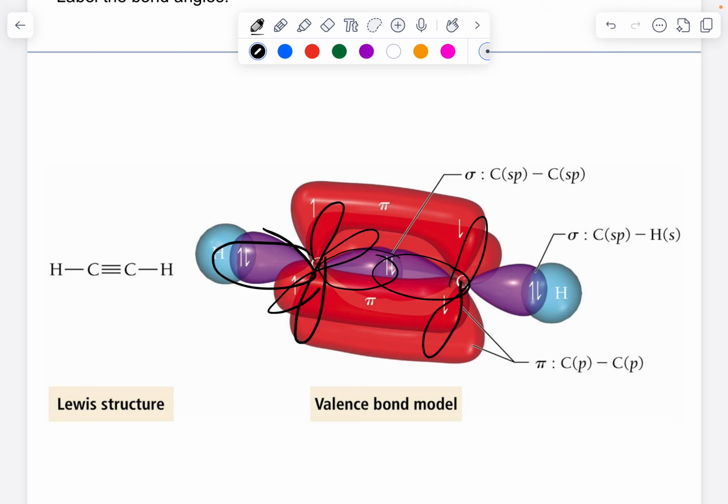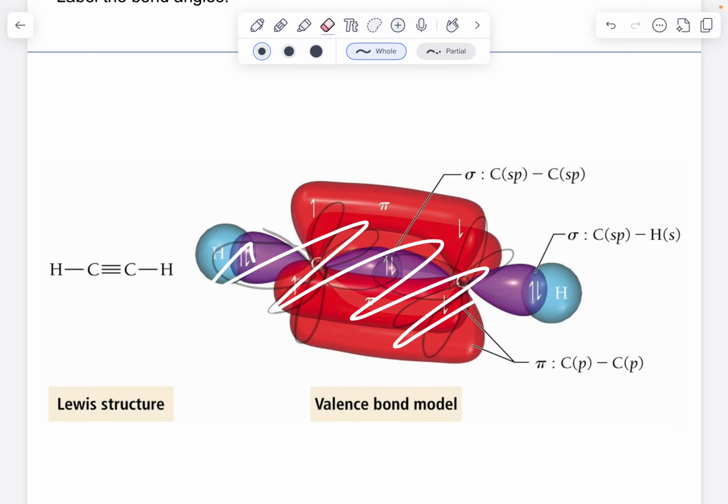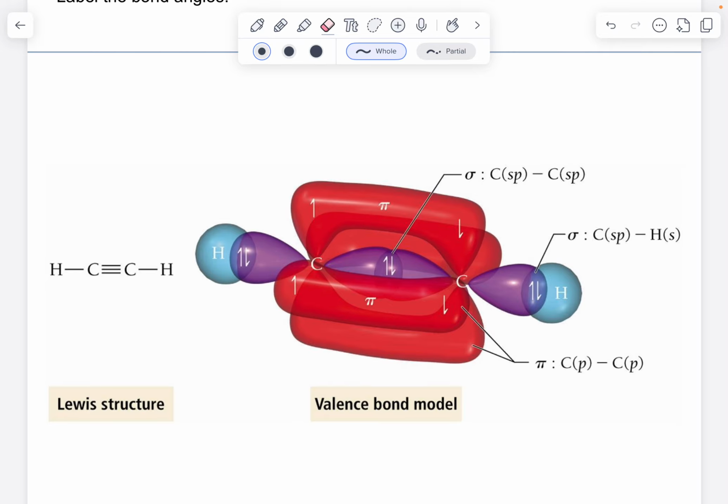And then you also have one going in and out of the page direction. So that's what's represented here with the red: they're showing there's one up and down, and one that's front and back. But remember, the up and down is 1 pi bond, and the front and back is another pi bond.